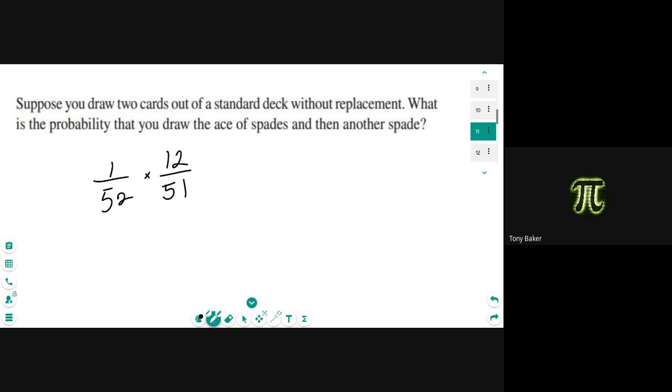And then there's 51 total cards left because you already pulled out a card. Which comes out to be 1 out of 221, or 0.004. So 52 times 51 is 2652. This is reduced. Oh, my calculator reduced it for me.